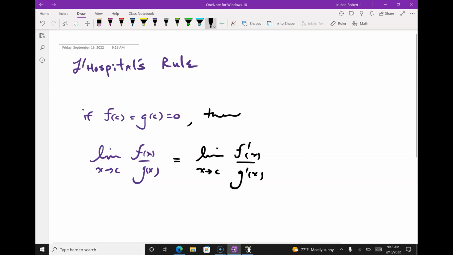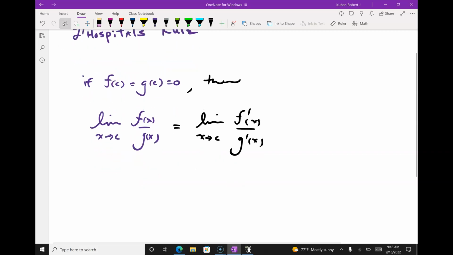Okay? So let's take a look at our first homework problem for Monday. And I'll prove this to you today. It says, I want to do the limit as t goes to 1 of t to the 4th minus 1 over t cubed minus 1.